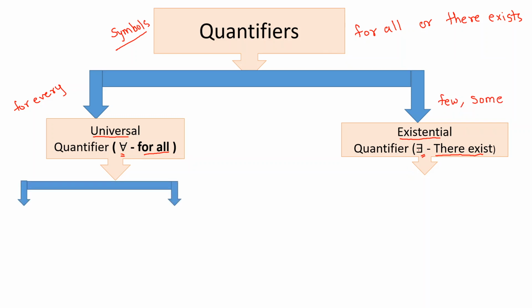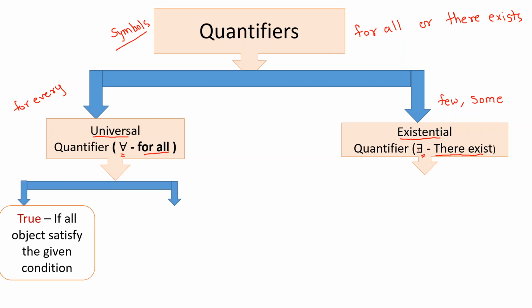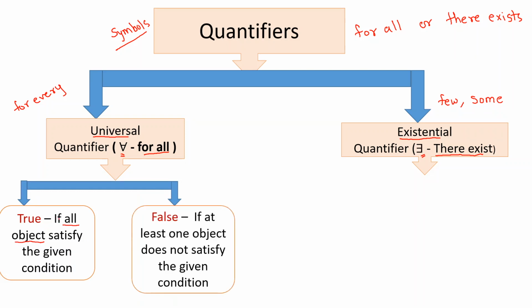Now next, the universal quantifier is true if all objects satisfy the given condition. If all objects satisfy the given condition, then it is true. If at least one object does not satisfy the condition, then it is false.